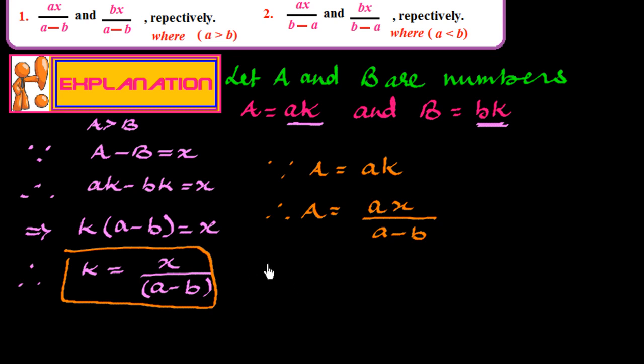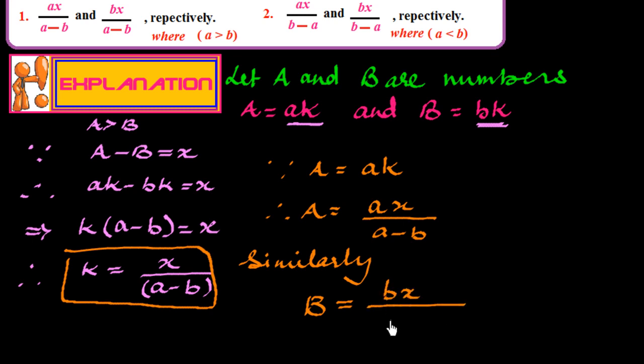Similarly, b is equal to bx over a minus b. So in this way we get this short trick.